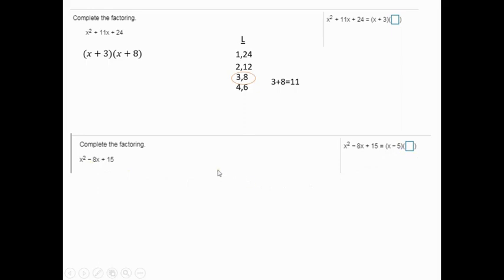So once again, let's list the factors of the last term, which is 15, which is 1 and 15, 3 and 5. Which one of those through two negative signs will give us negative 8? Obviously here, 3 and 5 will get us there because negative 3 minus 5 is negative 8. So there we are. We have the factored form of the trinomial.